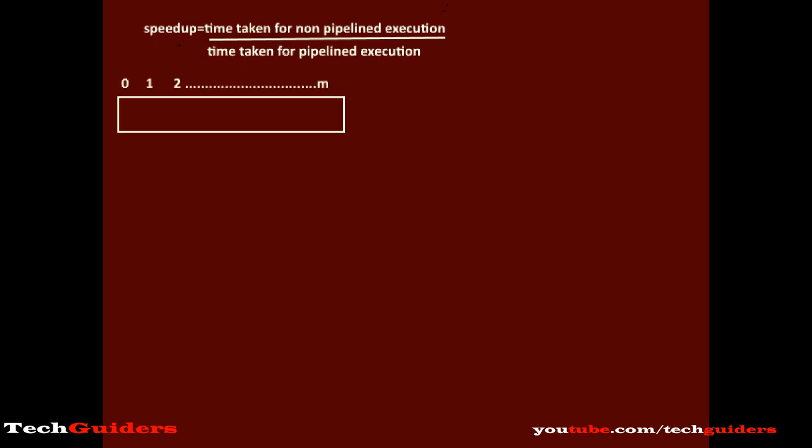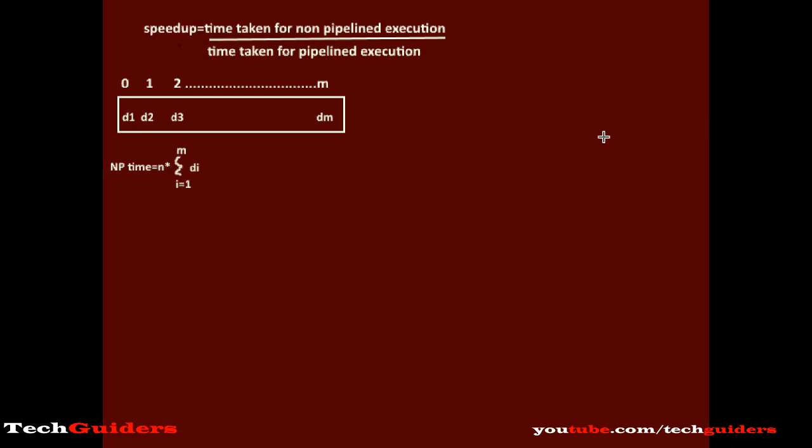Suppose we have m number of phases and let the time taken for each phase be di. Then the total time taken for the execution of n number of instructions in this non-pipelined approach is the number of instructions n into the sum of all these delays, sigma i equals 1 to m of di.